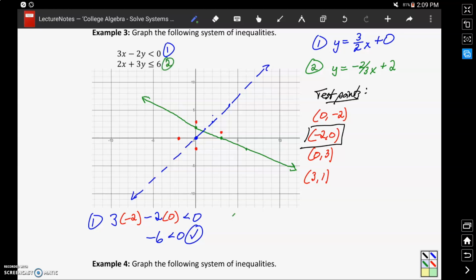For our second inequality statement, we'll have 2 times negative 2 plus 3 times 0, which will give us negative 4, which is definitely less than or equal to 6. So that means the region containing negative 2, 0 will be in the region that we want to shade, meaning all points in this shaded region would be solutions, xy coordinate pairs that make both inequality statements true.